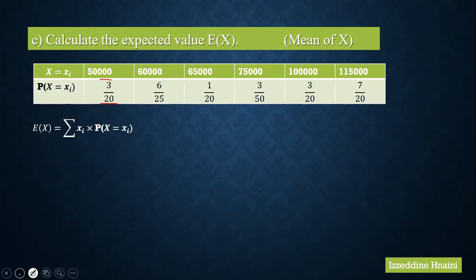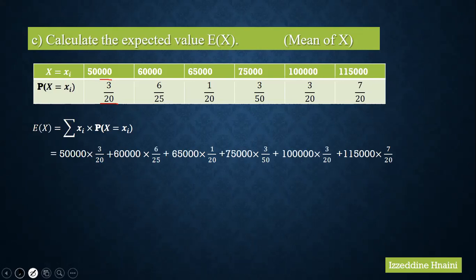So it is equal to 50,000 times 3/20 plus 60,000 times 6/25, etc. So we get 84,900. What does this number represent? It is the expected money to be paid by a member in this club.